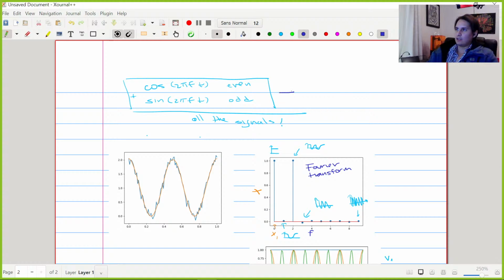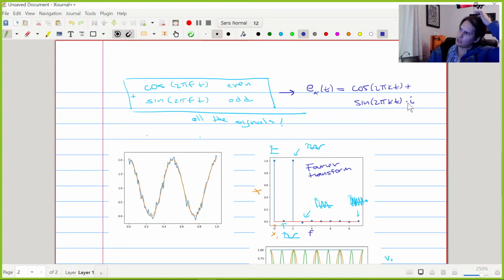Another way of writing this is that instead of using cosine and sine separately, I define a basis b_k of t, that is cosine plus sine. But this sine is multiplied by an imaginary part.